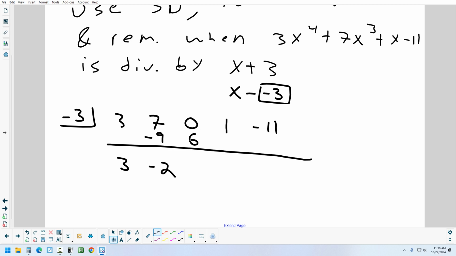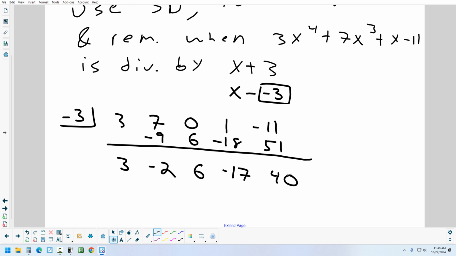And add them, we get 6. What's negative 3 times 6? Negative 18. Add them. Negative 17. And negative 17 times negative 3, 51. And add them. 40.